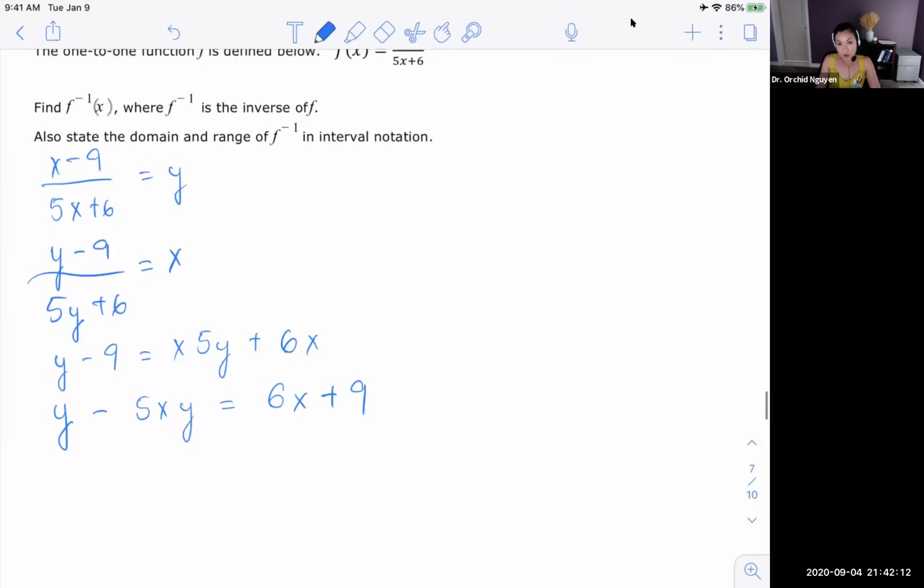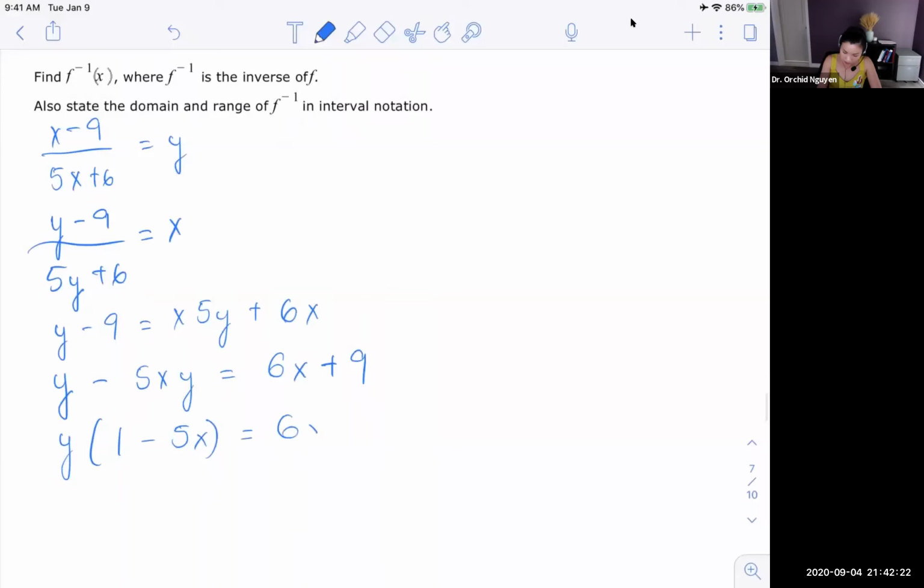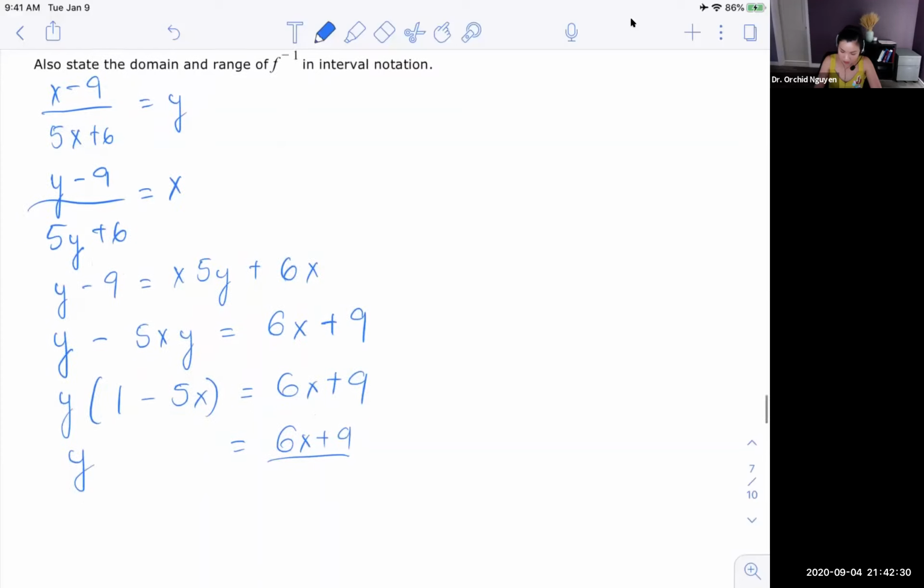Okay, now what we need is to get y by itself. So I'm going to factor out y. And then finally, I can just divide by 1 minus 5x. And there we have our inverse.